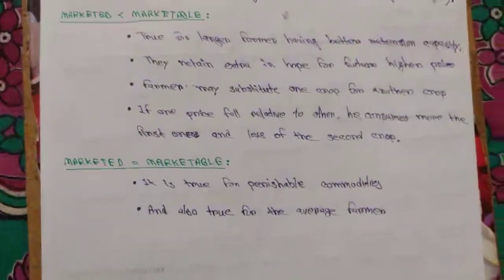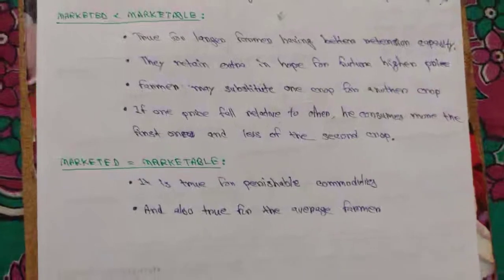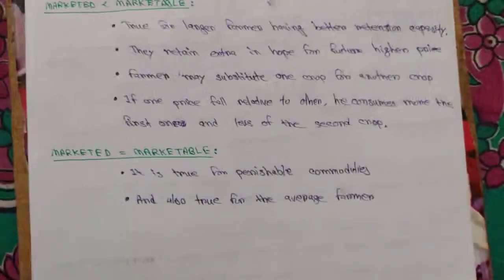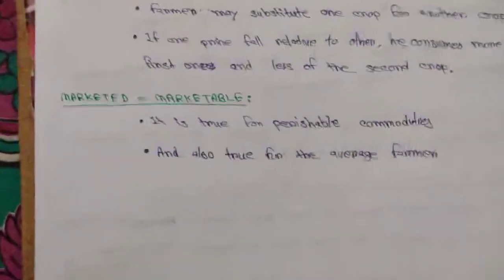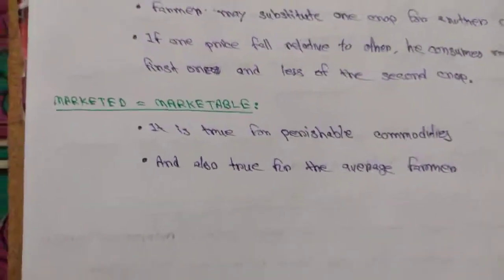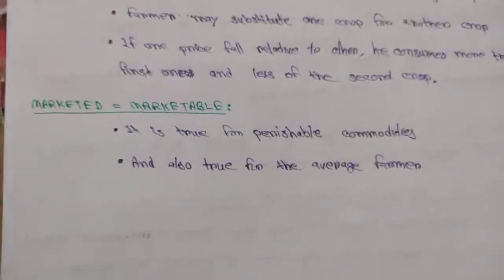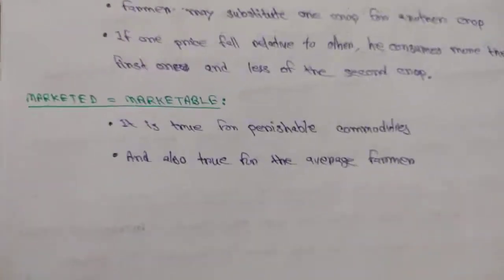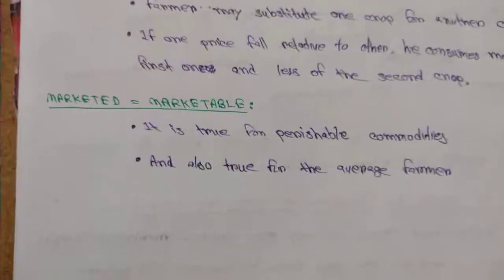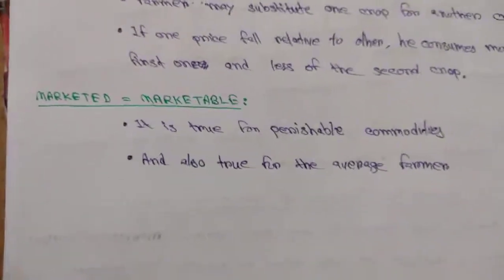And the third concept is marketed surplus equivalent to marketable surplus. It is the normal condition. It is more friendly and beneficial for the market, or a good market for a commodity. Here it is true for perishable commodities, because for perishable commodities there is no option of storage, because if you store, the whole product will be spoiled.